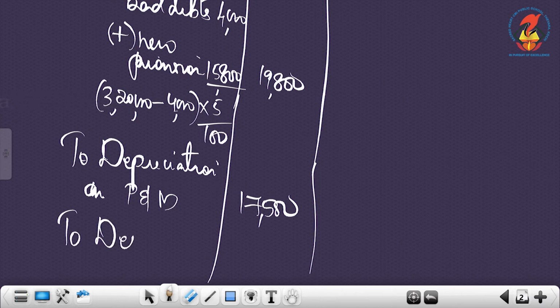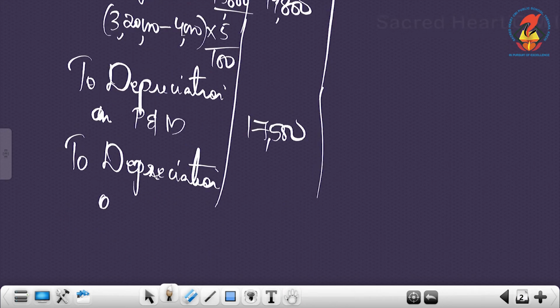Business premises means the building and its surroundings. So depreciation on business premises, it is 2% which you have to compute. So that is 6,900.